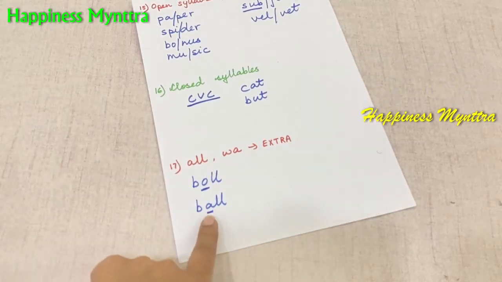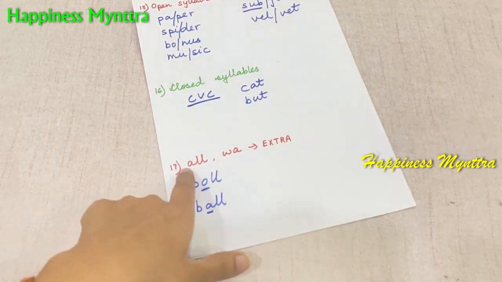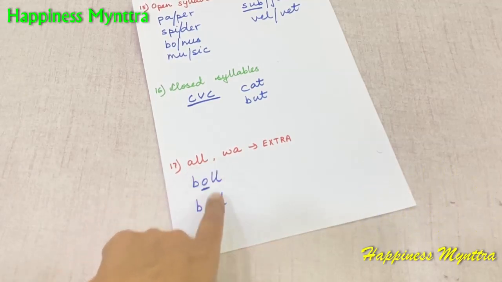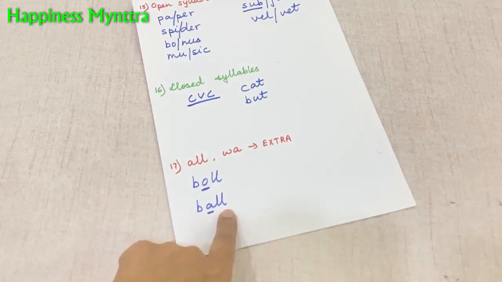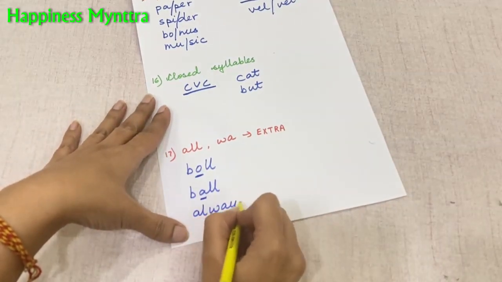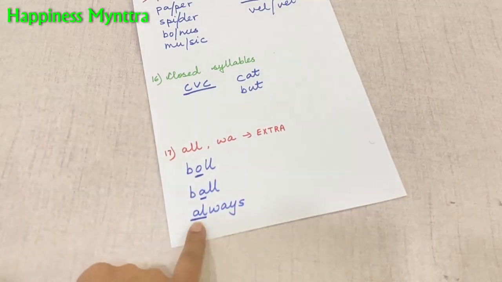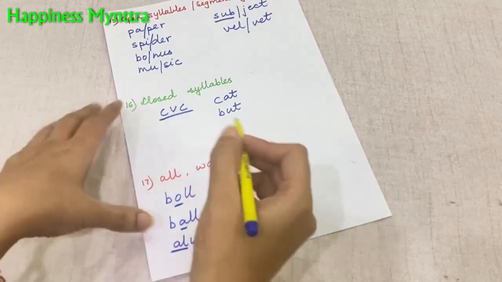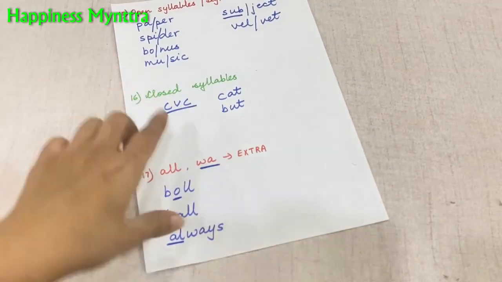So I like to tell them that 'all' in itself, whenever they come across this combination together, it is always read as 'all'. For example, the word that I just said, always. So it's always. Right? So this is something that I introduce quite early.